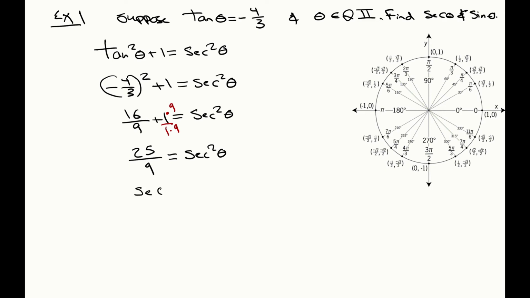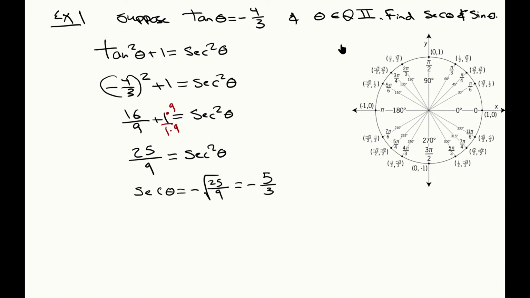the negative square root of 25/9 as a solution. So secant of theta will be negative square root of 25/9, which gives us -5/3. So we have one of the values we were asked to find. Now we only need sine of theta.